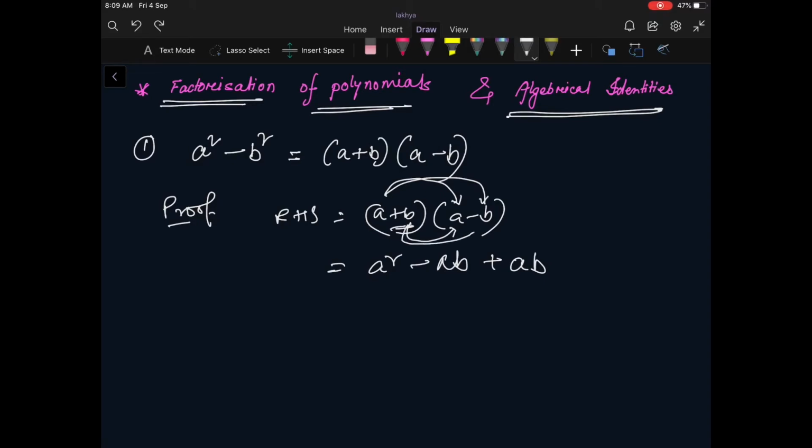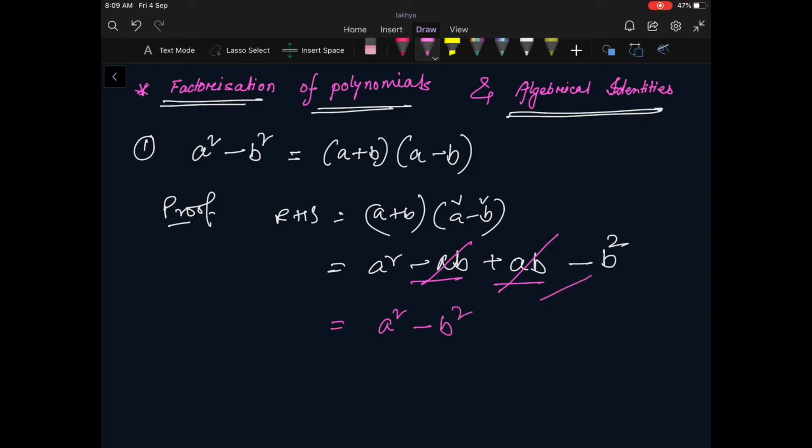Then multiply this b with minus b, then you will get minus b square. Now you can see this is minus ab, this is plus ab, so you can cancel these two. Then you will get a square minus b square. So that is how we have got a square minus b square is equal to a plus b into a minus b. This is the left hand side.